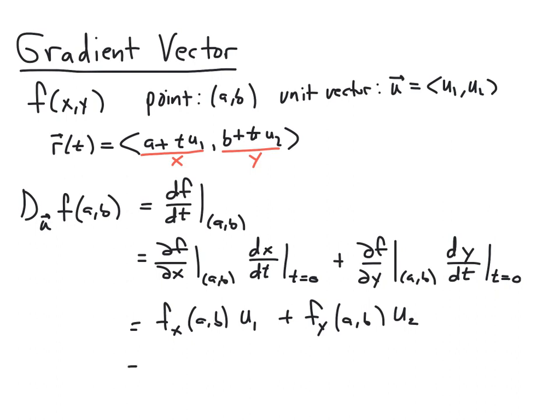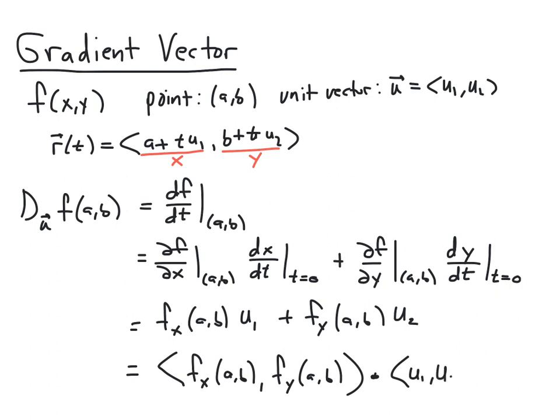And when we look at this, we notice that we could write this as a dot product of two vectors. We could write this as f_x(a, b), comma, f_y(a, b), so the two partial derivatives evaluated at our point, and we take the dot product of that vector with the vector u1, u2, which of course is just our unit vector u.